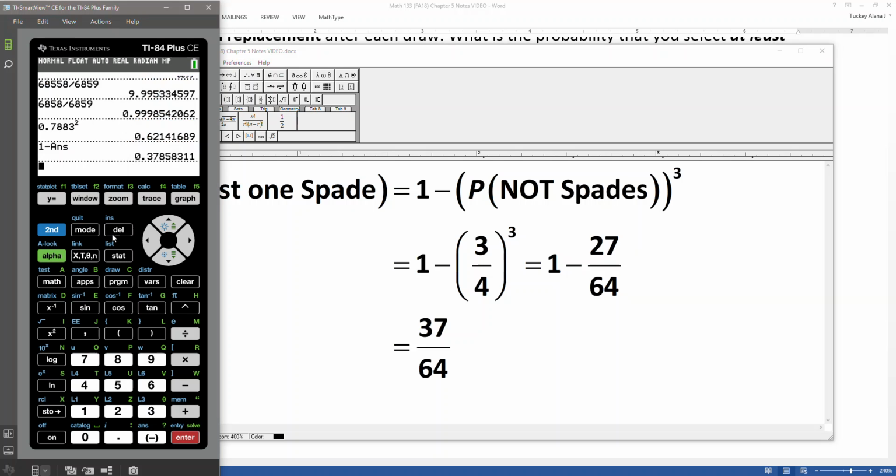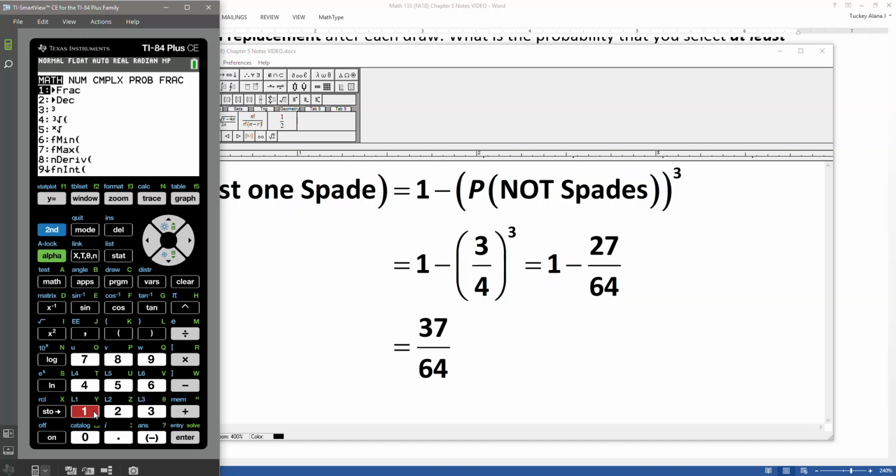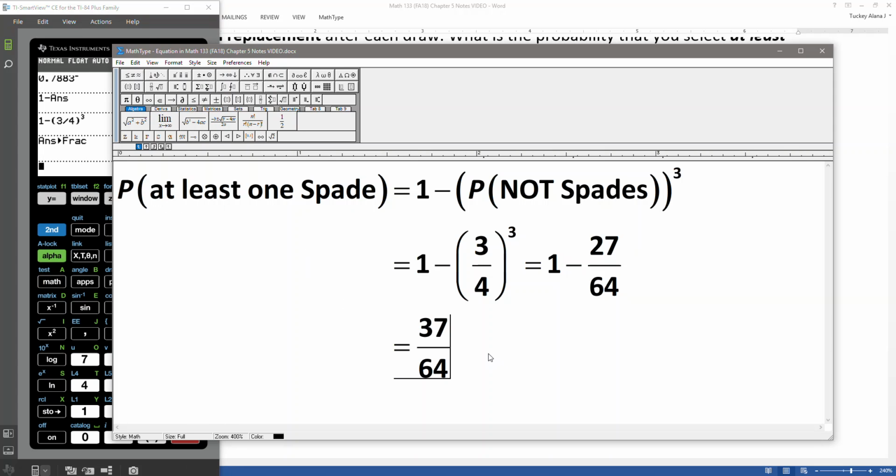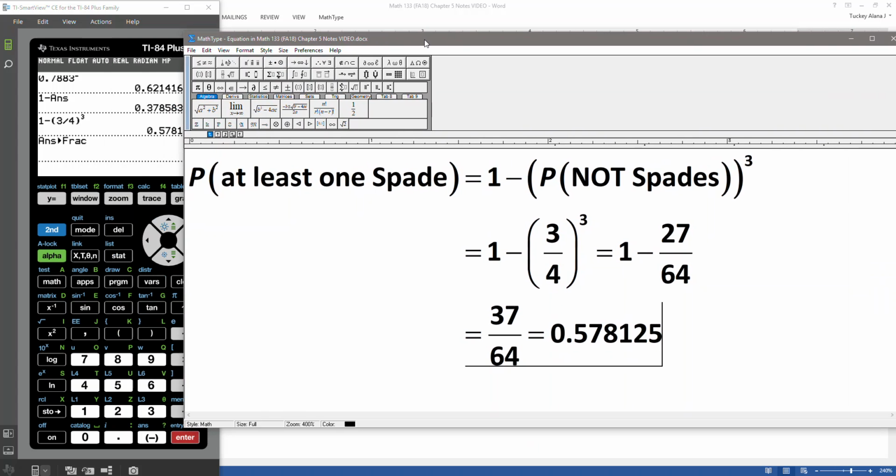If you don't believe me, 1 minus 3 over 4 to the third power. There we go. If I go math 1, it tells me it's 37 over 64. See? And that's an approximation of 0.57. Actually, I don't even need approximation. It's 0.578125. And there we have it.